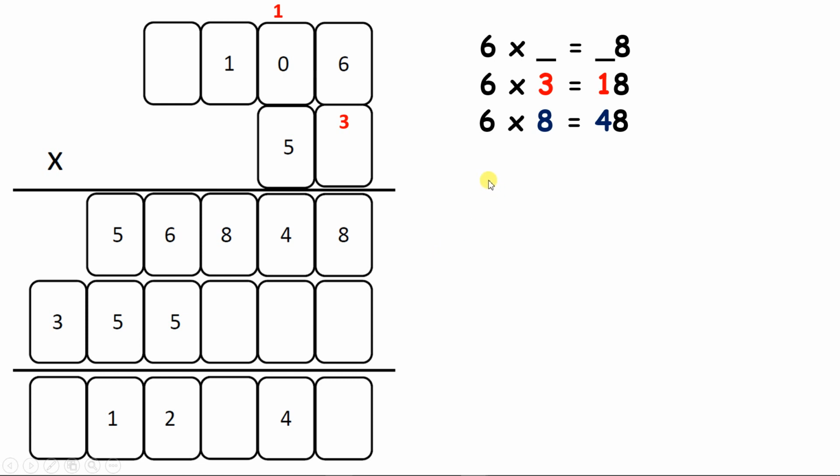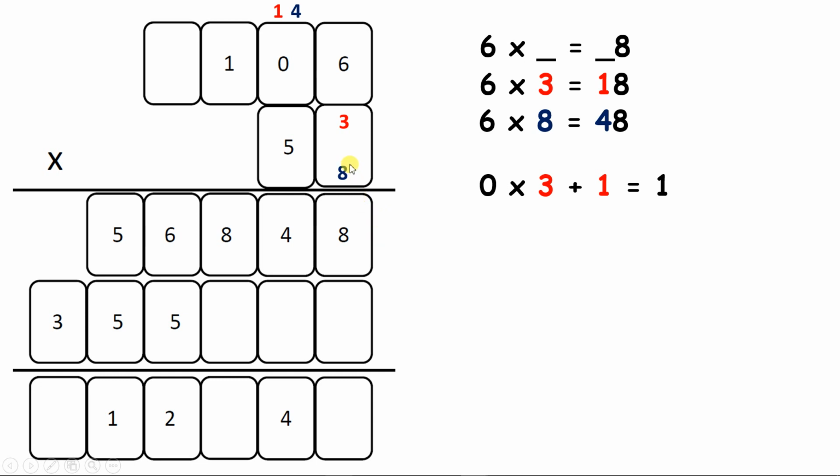We also know that 6 times 8 is 48, so perhaps they did 6 times 8 to get 48, carrying the 4. How do we know which is correct? Well, we need to try them both out and see which works.